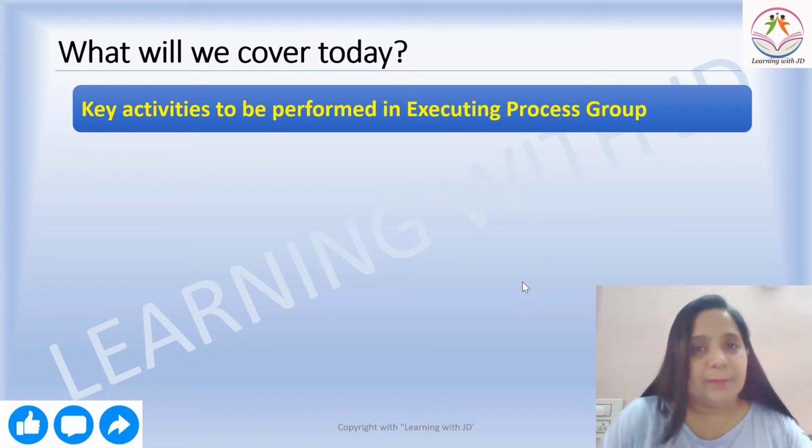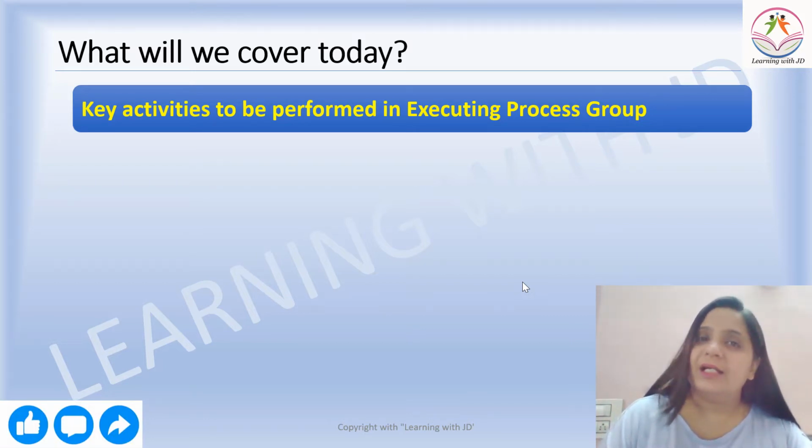These are the two key processes that are a part of the initiating process group. Then comes the planning process group. What did you do in planning? You identified all the key knowledge areas in which you need to plan. You planned all the processes which define how the work will be done. And now that time has come where the work is to begin.